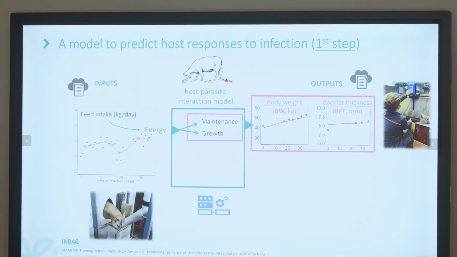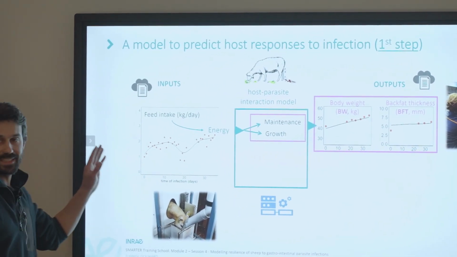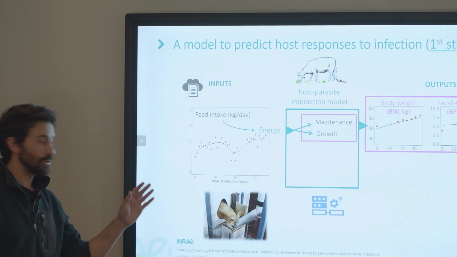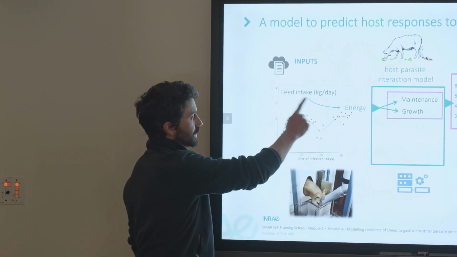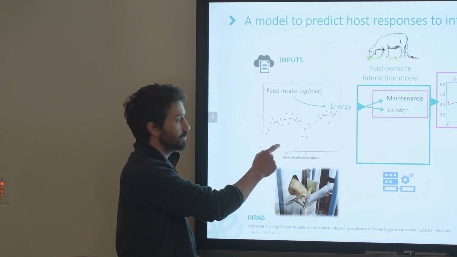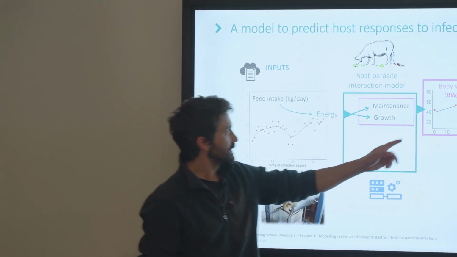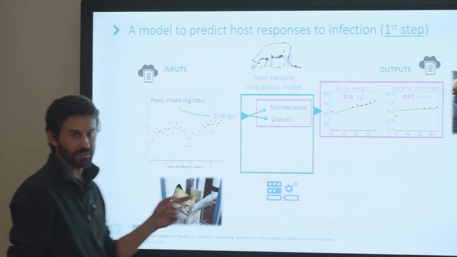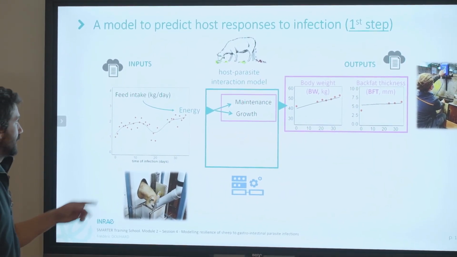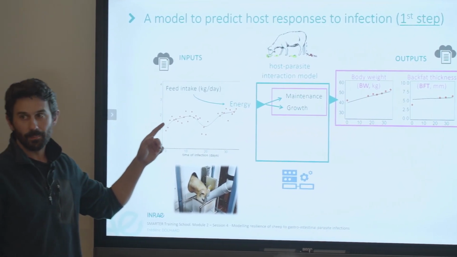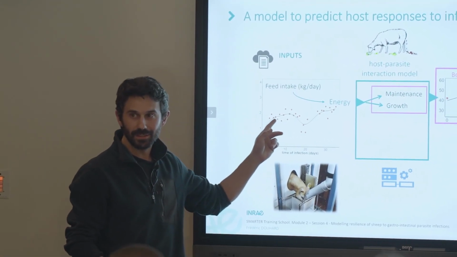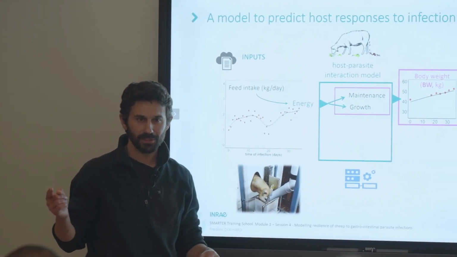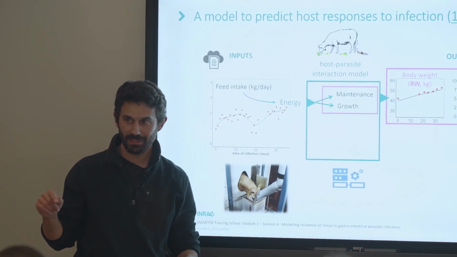The first step is to build the energy balance model. So what we will do is that we will use feed intake data as input, and we will predict the body weight and the back fat thickness. For the feed intake input, we will use a function to smooth the data. I think you have seen this morning with Nick.